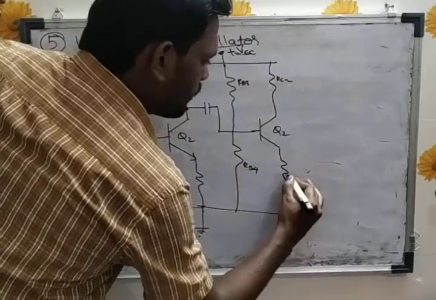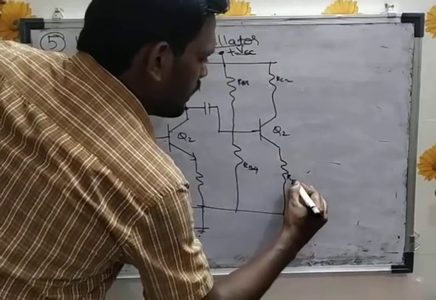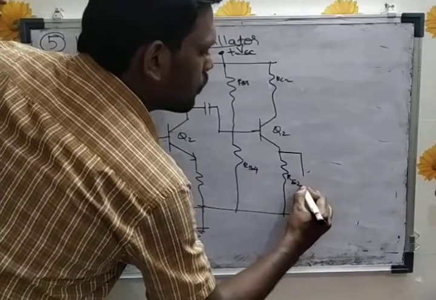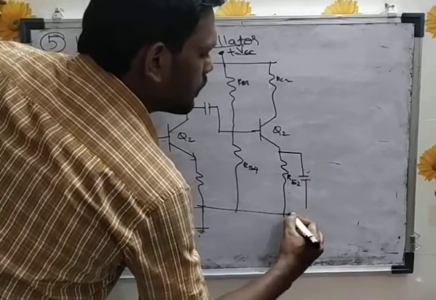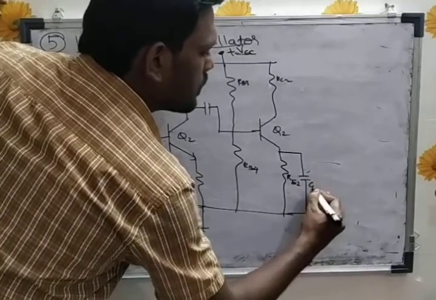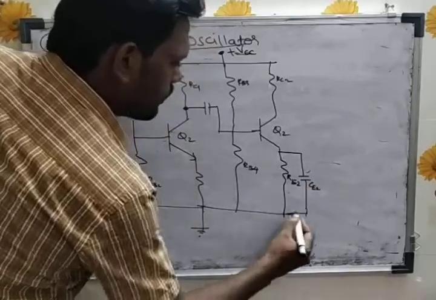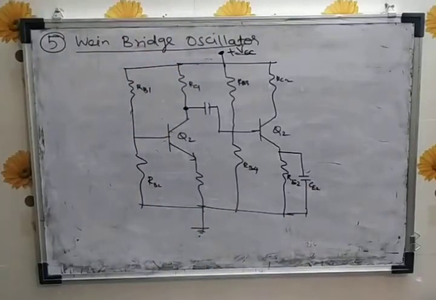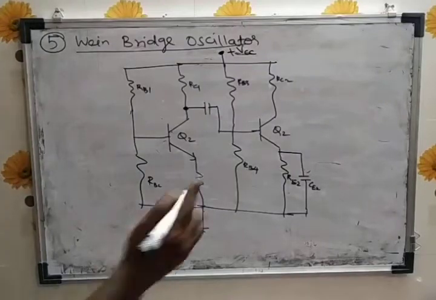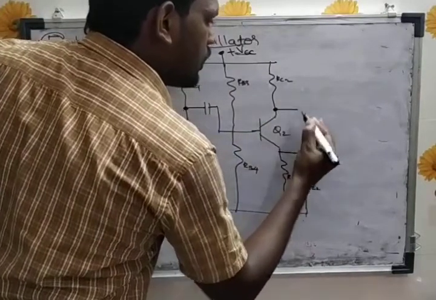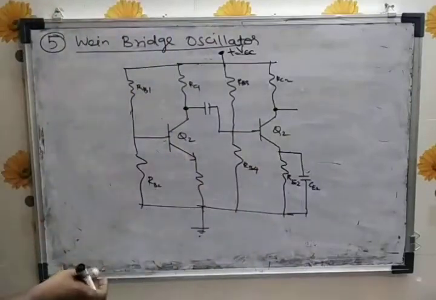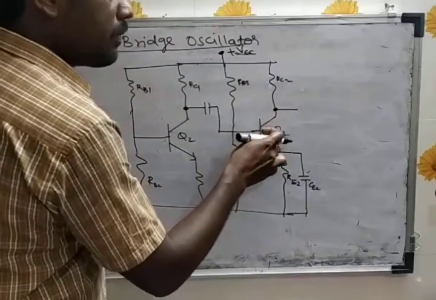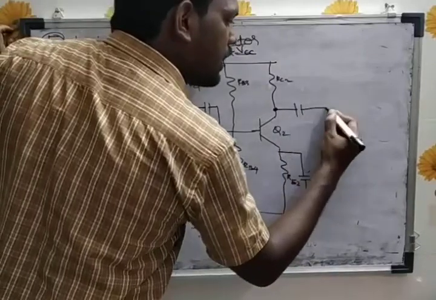Here we have RE2 and CE2. Now we take the output of the second stage from the collector of transistor Q2 through a coupling capacitance CC.